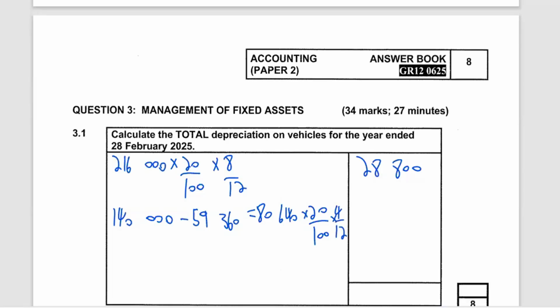Multiplied by 4 divided by 12. Then we get our answer, which is 5,376. So now we have to calculate depreciation of old.